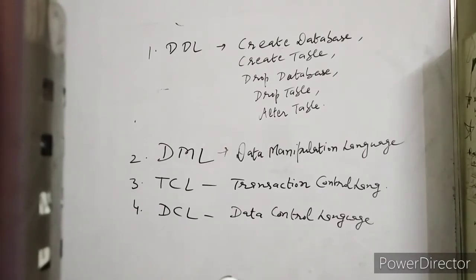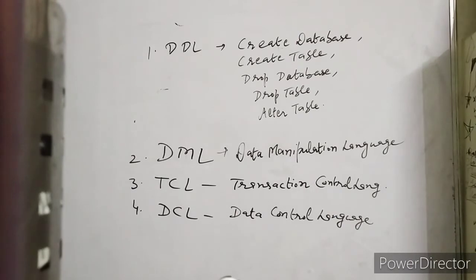Next category we will study is DML, that is data manipulation language. Data manipulation language commands, write down the definition. Data manipulation language commands work on the data stored inside the table, or we can say records stored inside the table.